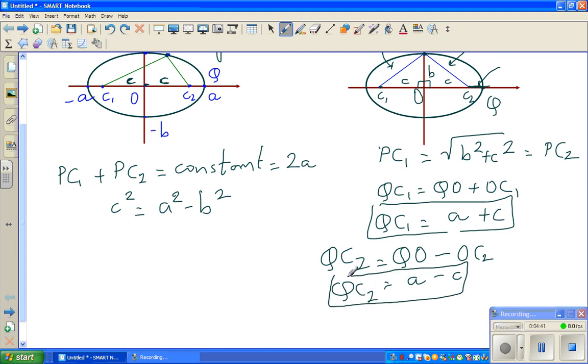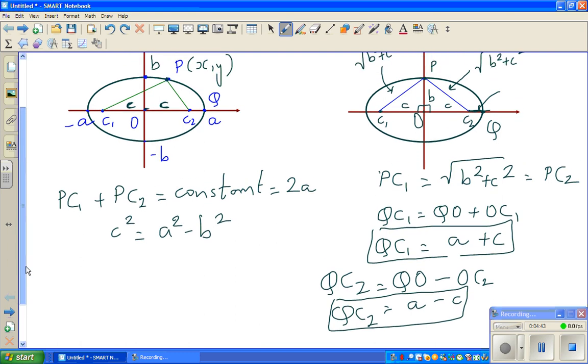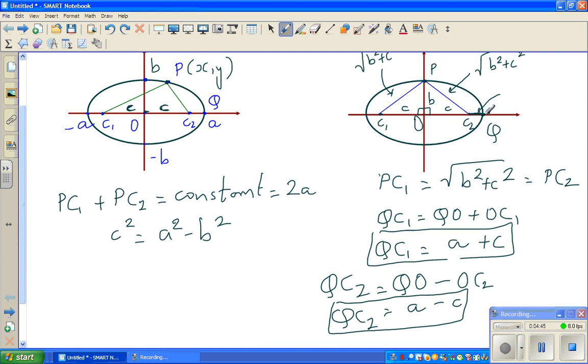Now Q is also a point on the ellipse, so by definition QC1 plus QC2 should be a constant.